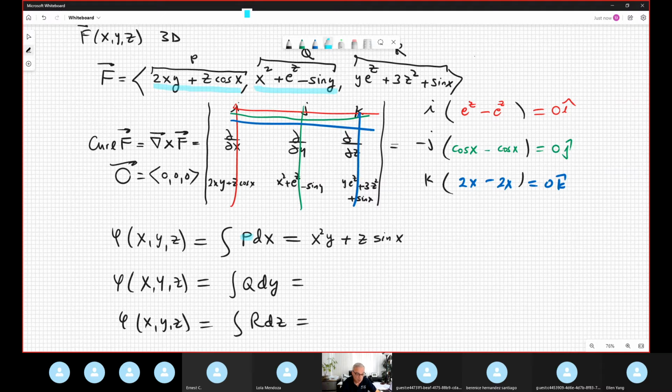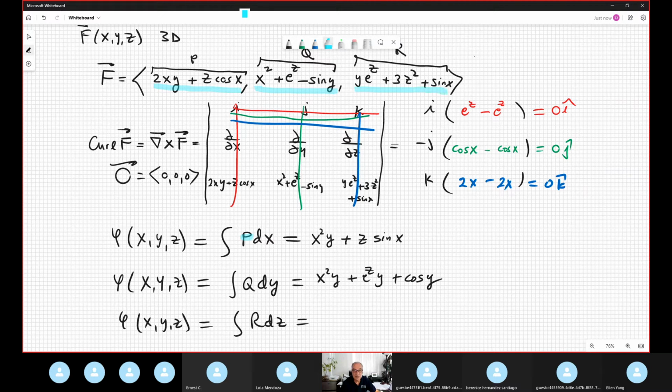Then, if you take the antiderivative of Q with respect to y, well, x squared is considered constant, but it's y. The exponential is z, but y. And sine gives cosine, because the derivative of cosine is minus sine, but we have minus in the front, it becomes positive. Cosine y, no? Cool.